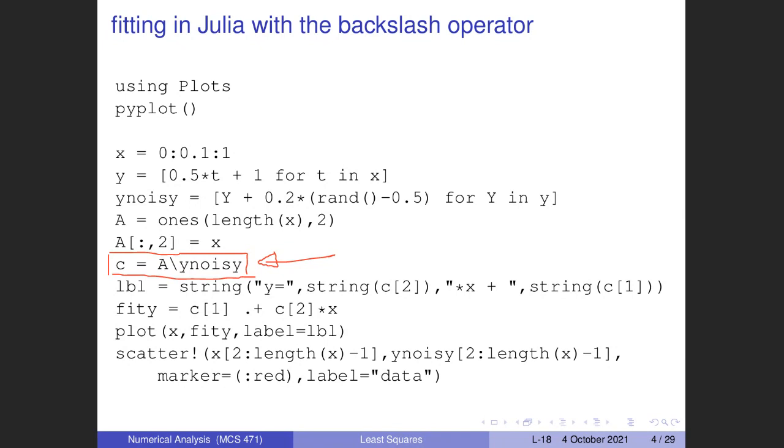So C2 is the slope that comes out of this, C1 is the intercept. And then it's also nice, there is this component-wise addition operator, the dot plus operator. If the dot would not be there, we would be summing up the two vectors, and that's not what we want to do.